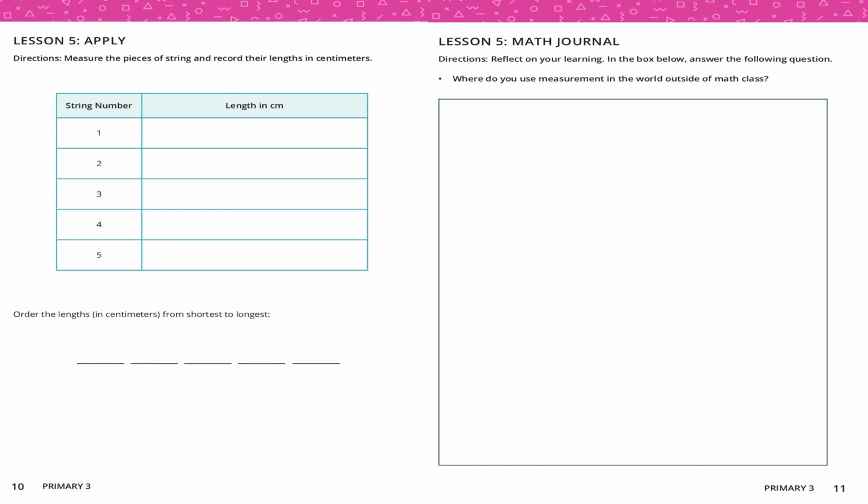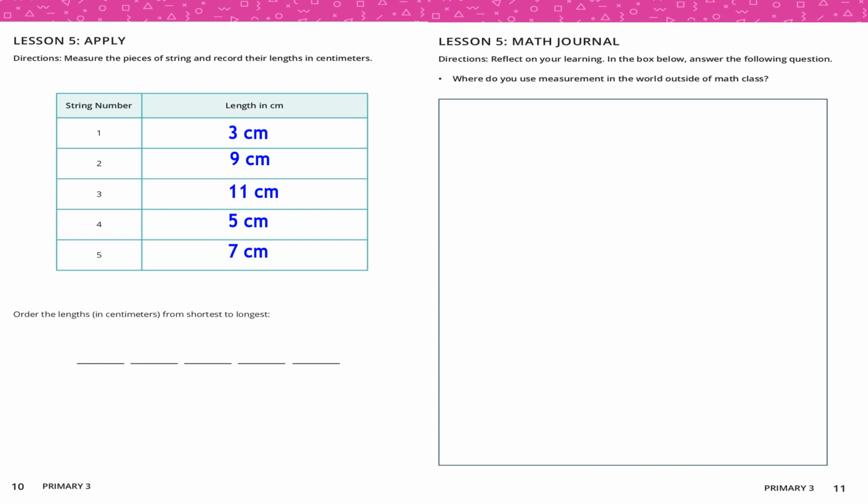Now let's apply to lesson 5. Measure the pieces of string and record their length in centimeter. We have some strings and we will measure their length in centimeter. The first one was 3 centimeter, then 9 centimeter, 11 centimeter, 5 and 7 centimeter.